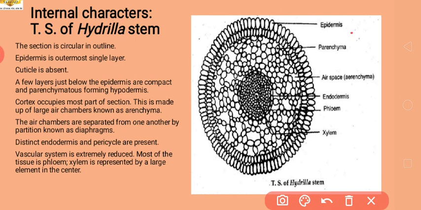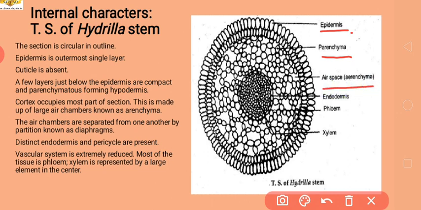The first one is the epidermis. The epidermis is the outermost single layer. The cuticle is absent, and a few layers of epidermis are compact, and parenchymatous cells are present. The next is the air space or parenchyma.